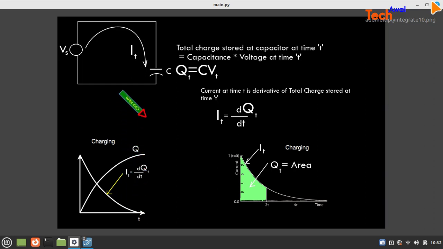So this will prove our fundamental: if I know the area, then differentiation gives the line equation. If I know the line equation, then the area is the integration. Right now we'll prove the differentiation.